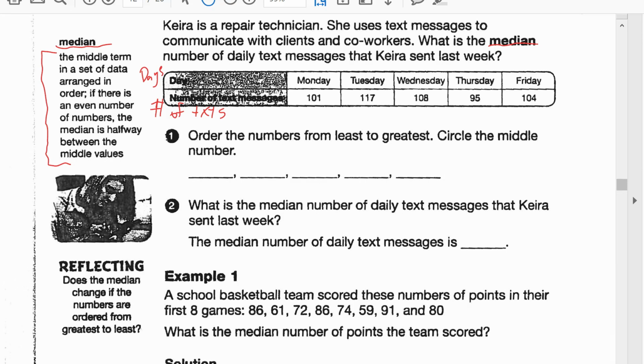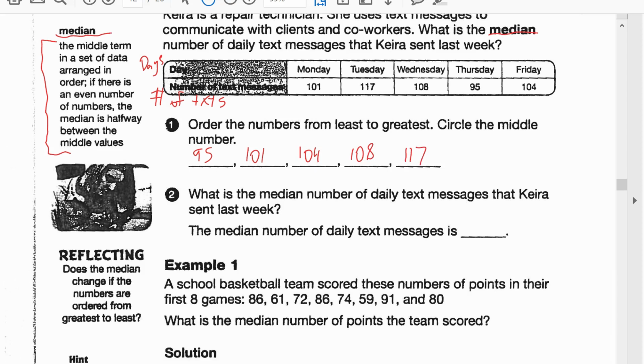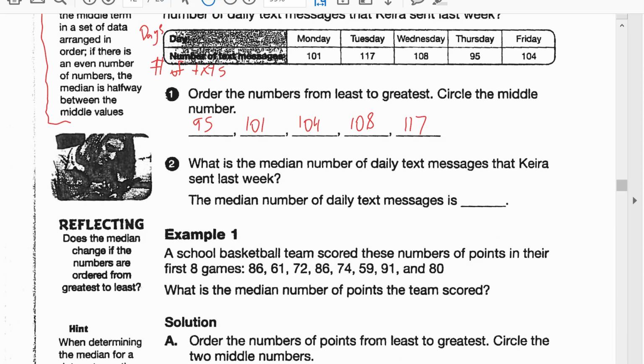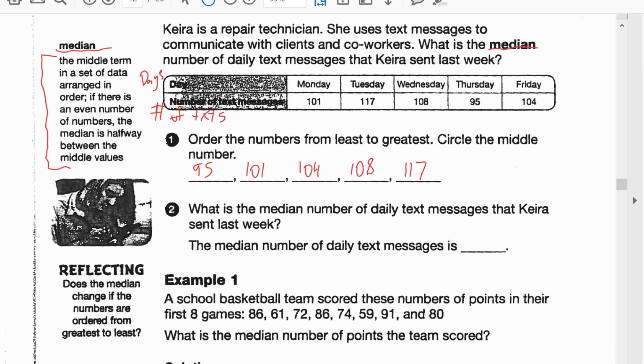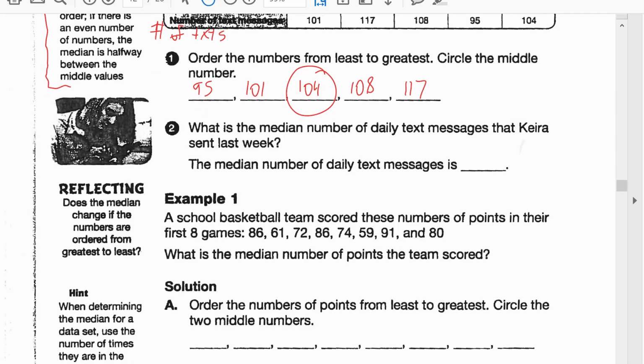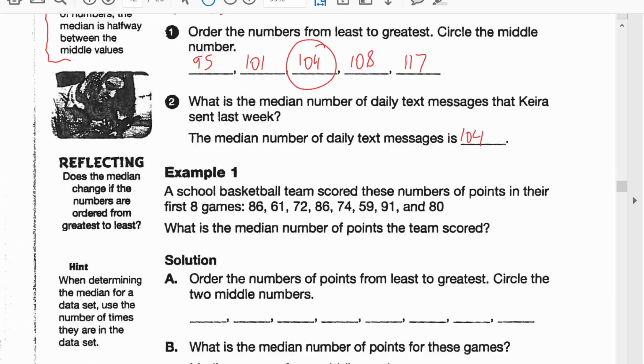So that's 95, 101, 104, 108, and 117. Number 2, what is the median number of daily text messages Kira sent? Well, the median would be the middle value. The middle value is 104. So you just circle it, and it's 104. Not too bad.